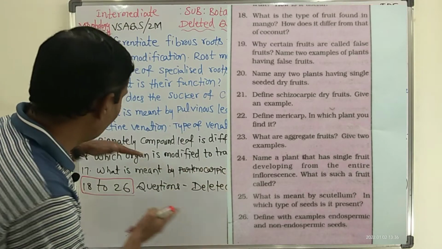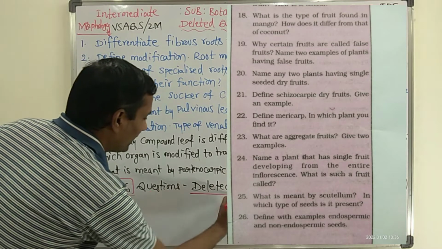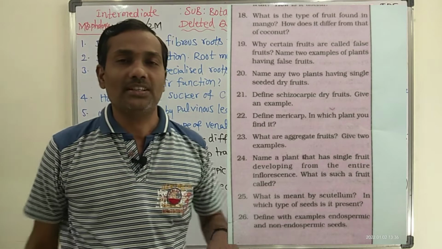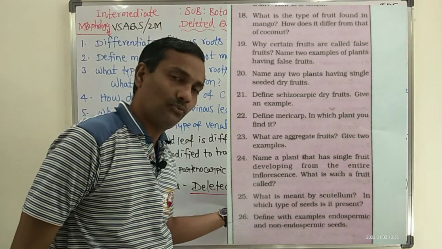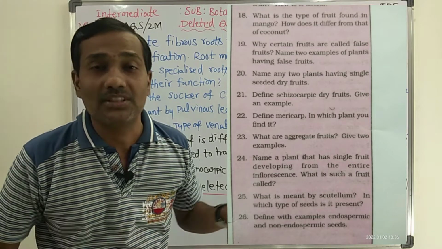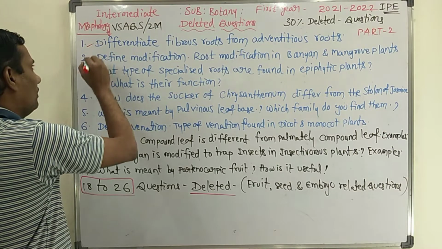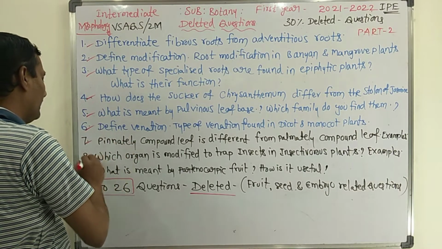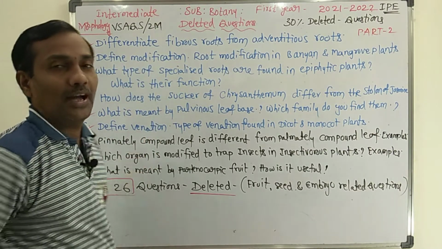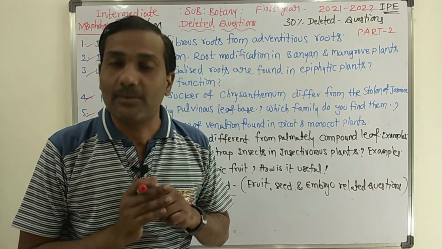All these questions from 18 to 26 are completely deleted, because questions 18 to 26 are related to fruit, seed and embryo. Whatever questions I just told here, all these questions are deleted for the IP exam. So no need to prepare these questions for the IP exam.